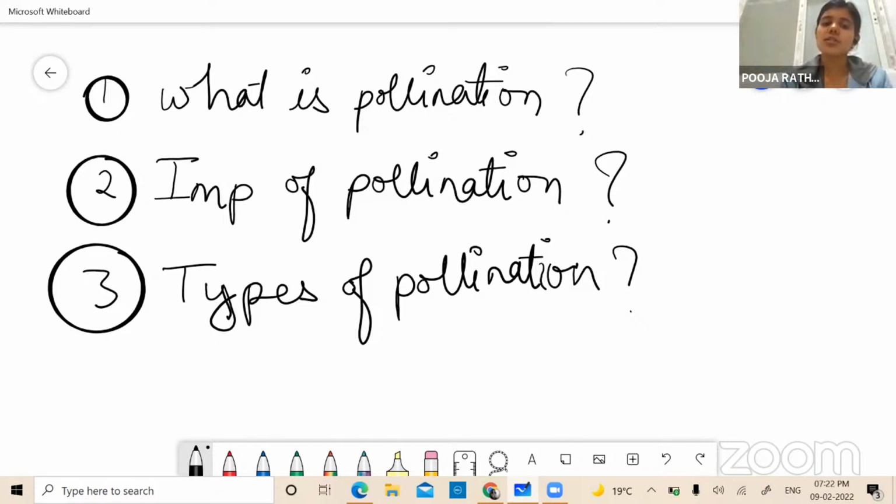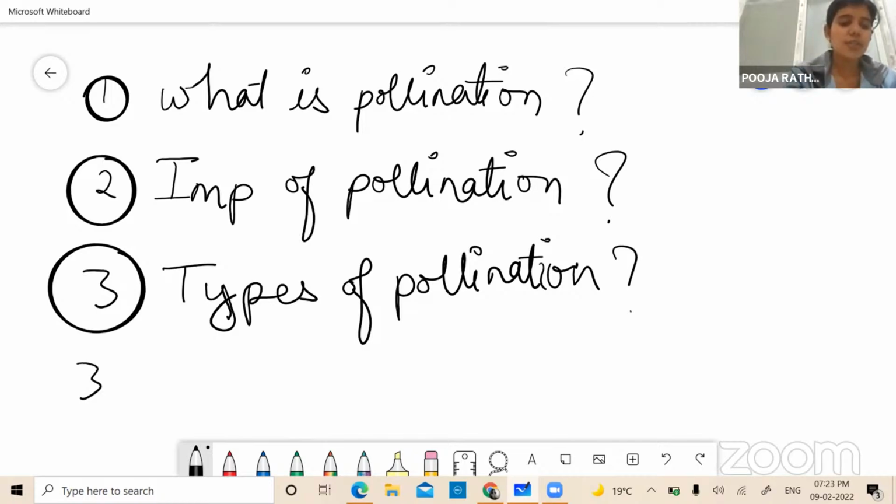Self-pollination is done in a single plant only, when the male and female parts are both present in the same plant. Cross-pollination is done when the parts are on different plants, like on different trees or different flowers.